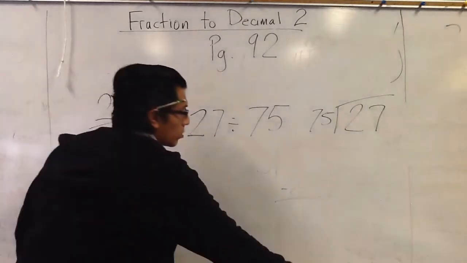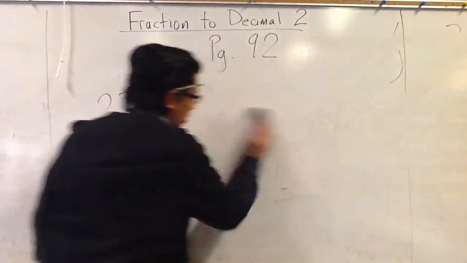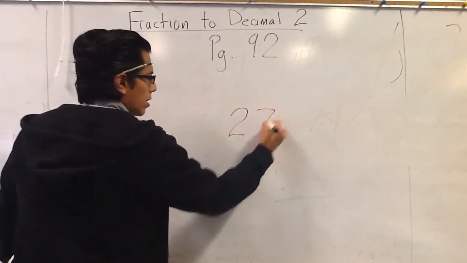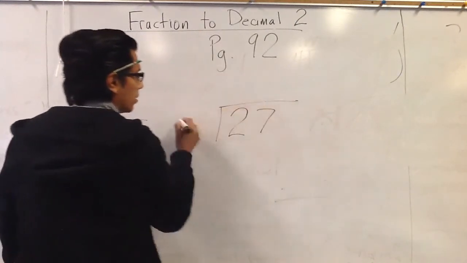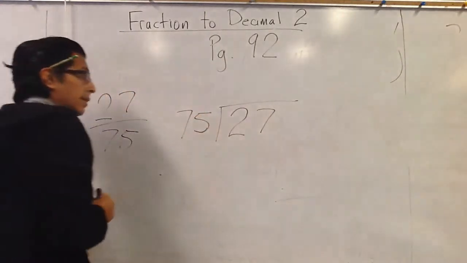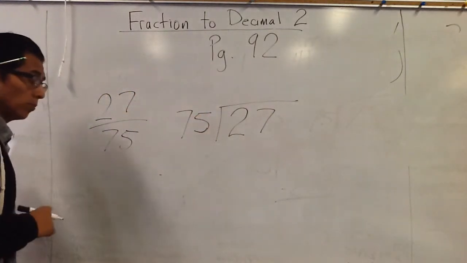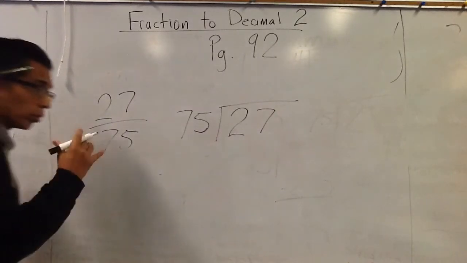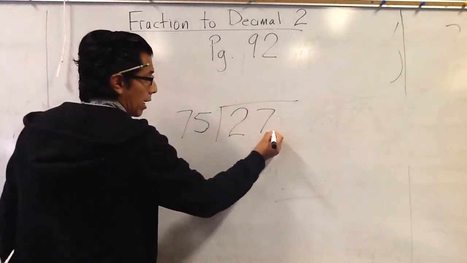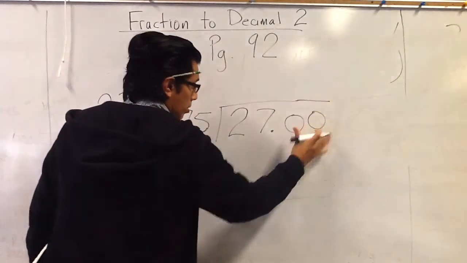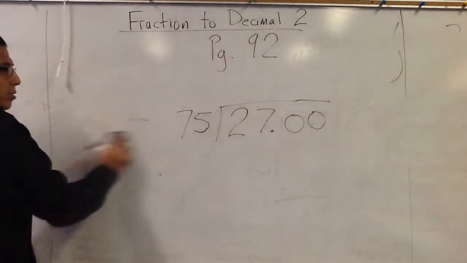So let me rewrite that so I have more space. 27 divided by 75. Okay, so what do we do? Add a decimal. And let's go ahead and add 2 zeros, because I only want to go out to the hundredths place. I'm going to erase this.